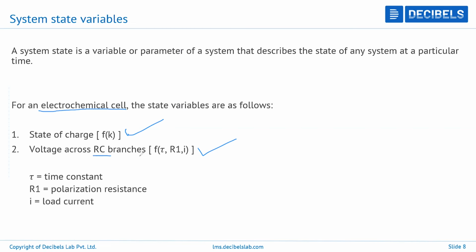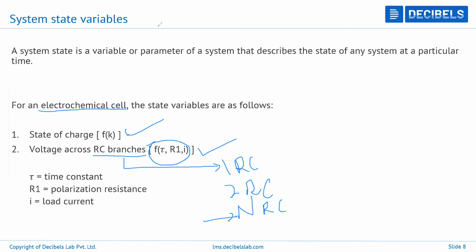Here again, it depends upon what type of RC branch you are choosing, whether it is 1 RC or 2 RC or whatever, say NRC, like 3 RC, 4 RC, 5 RC. It is dependent upon that, and correspondingly even the function here will go on changing.